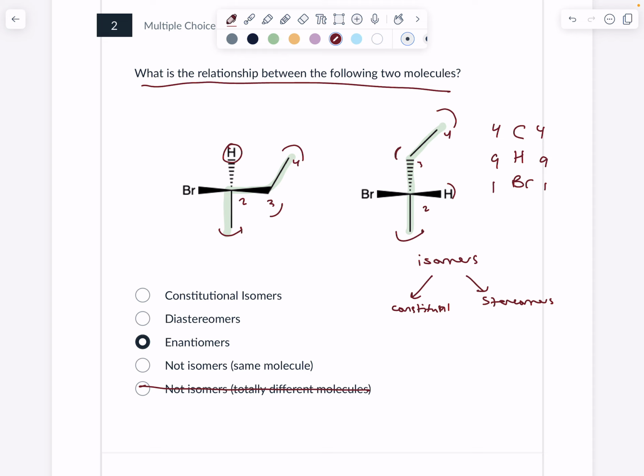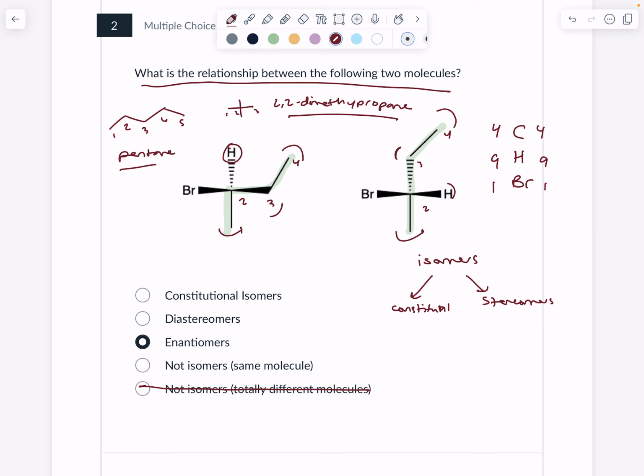If they have different parent names, then they are constitutional isomers. An example of this is, this has 1, 2, 3, 4, 5 carbons, and it's named pentane. And this has 5 carbons, but it would be named 2,2-dimethylpropane. So even though they have the same number of carbons and hydrogens, they have different parent names, which means they are probably constitutional isomers.